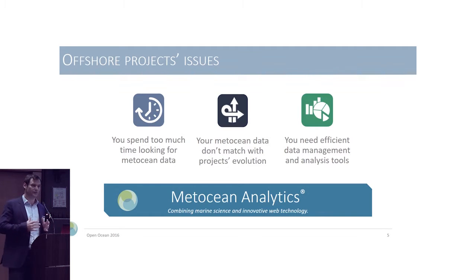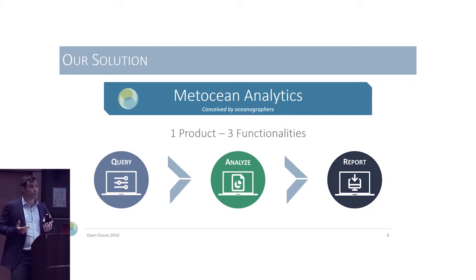So with this in mind, we wanted to bring easier access to those data and these analyses. This is why we built Metocean Analytics. It is a web platform which has three functionalities. First, a unique worldwide catalog of different sources of data where you can query the data that fits your needs.